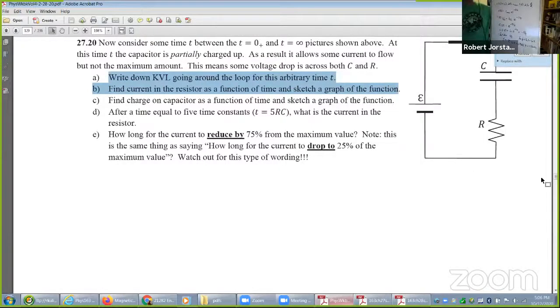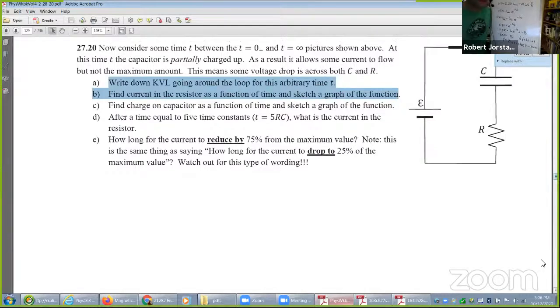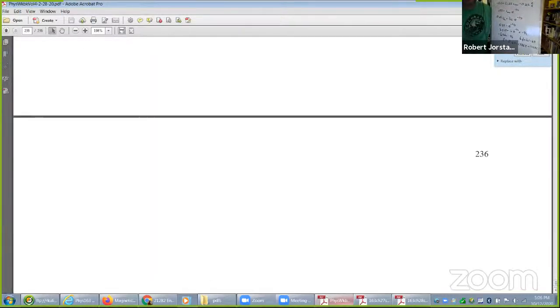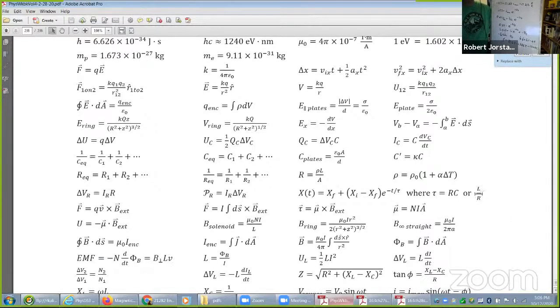Now, you may be saying, well, writing RC is too much work. Well, I happen to know from experience, notice if we go on to inductors, you use the same equation, but we're going to use a different tau. And so if we get used to just saying tau all the time, when we're doing capacitor circuits we use this tau, and later on we'll use that tau.